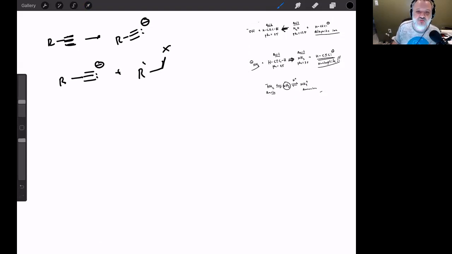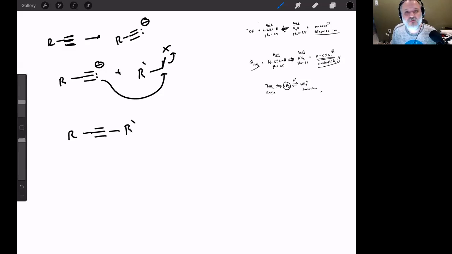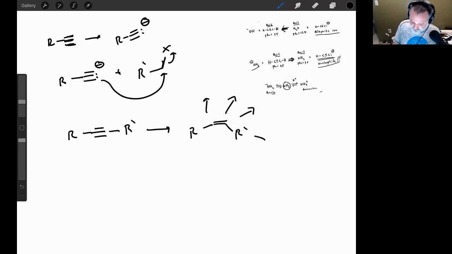If it has a good leaving group attached to it, then it does typical SN2 reactions where you do a substitution, and now you can connect these two R groups. And then once you have these two R groups connected, maybe you can reduce this to a cis or trans alkene, and then all of a sudden you've got lots of different possibilities for what you can do with that reaction as far as synthetic practicality goes.